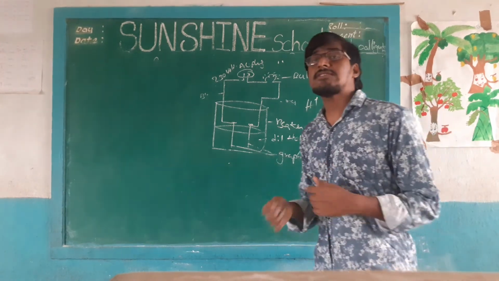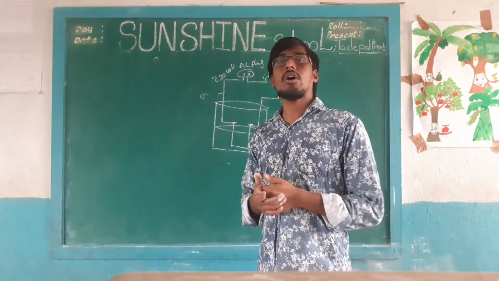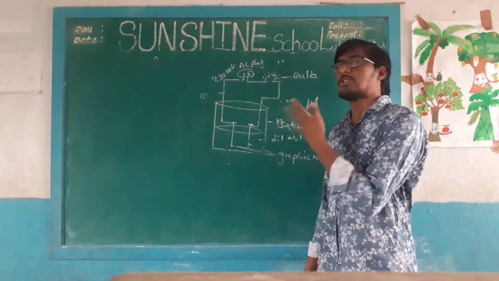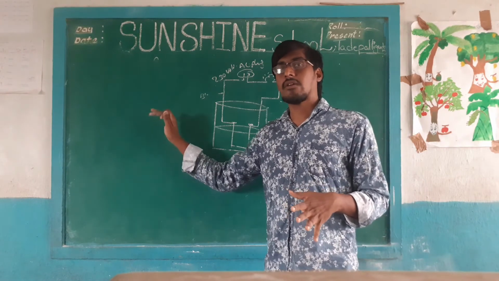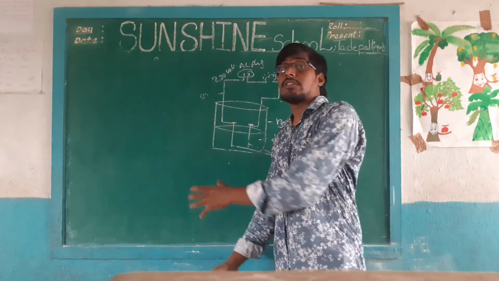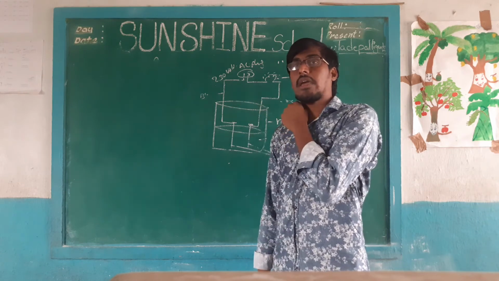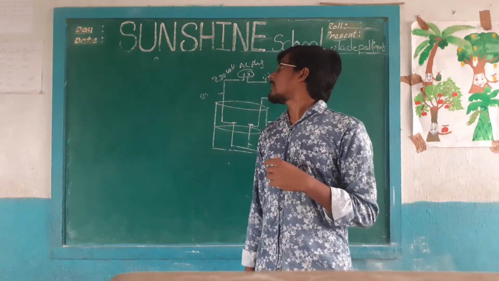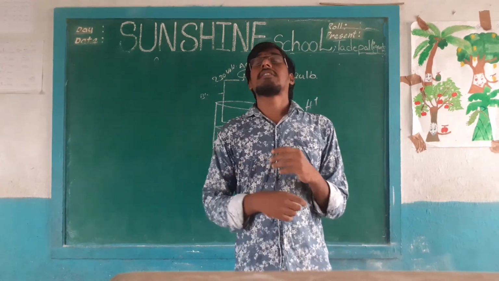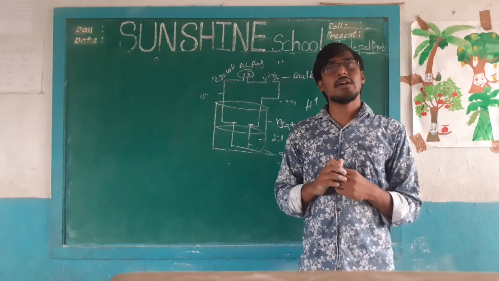In glucose and alcohol solutions there are no hydrogen ions, so the bulb does not glow. Okay, these are the properties of acids.